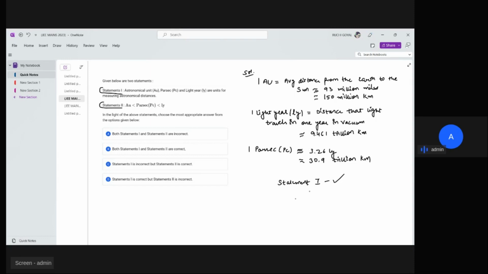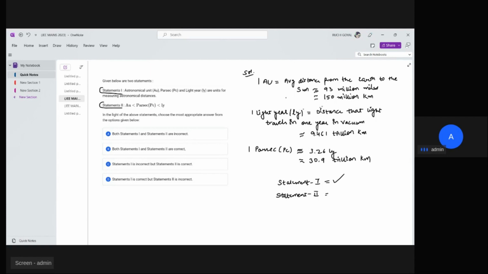Now what about statement 2? Statement 2 is AU is less than parsec is less than light year. Is it correct? No. AU is less than light year is less than parsec, so that is not correct.